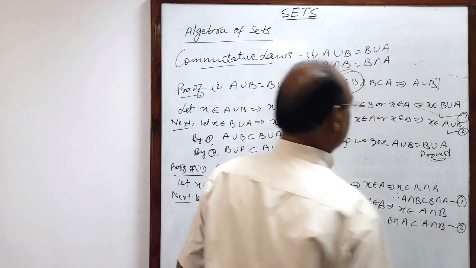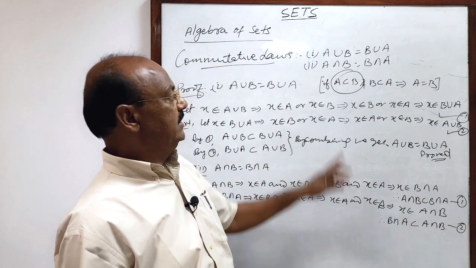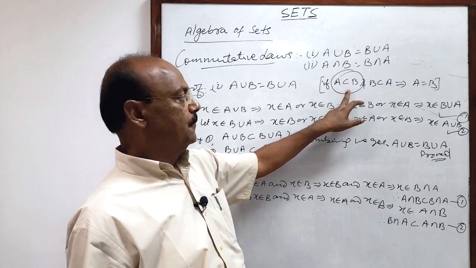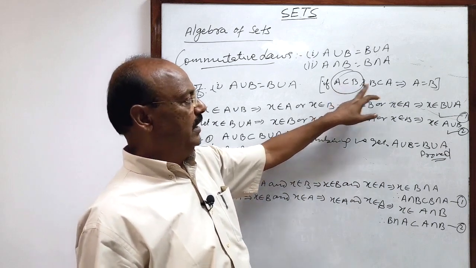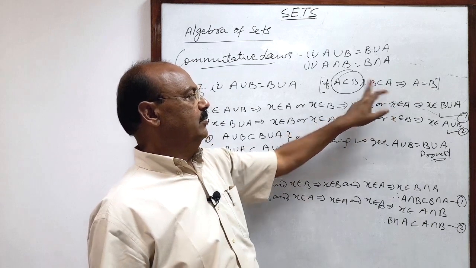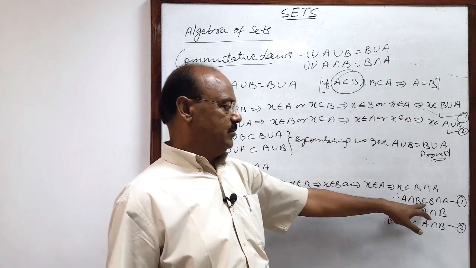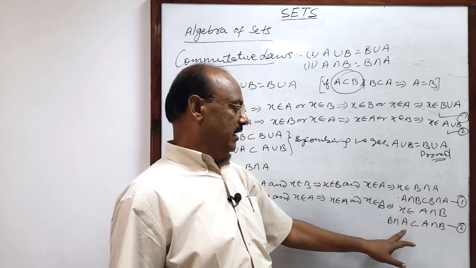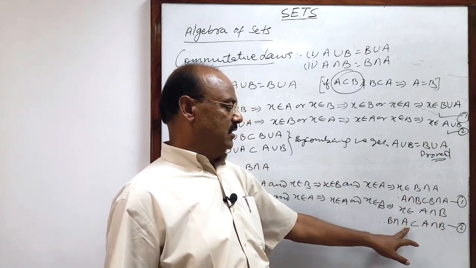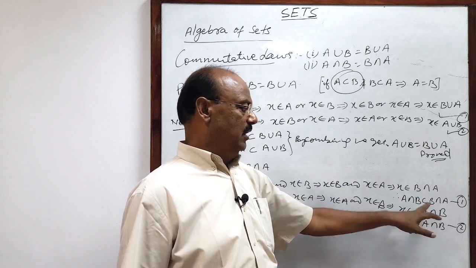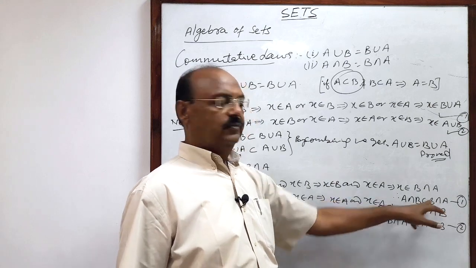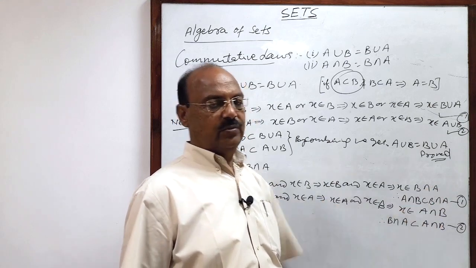Relation number 2. Now recall this property of sets: if A is a subset of B and B is a subset of A, it means A is equal to B. The same condition here. This is a subset of this one, and in reverse order, B intersection A is a subset of A intersection B, which means these two sets, the LHS and RHS, will be equal.